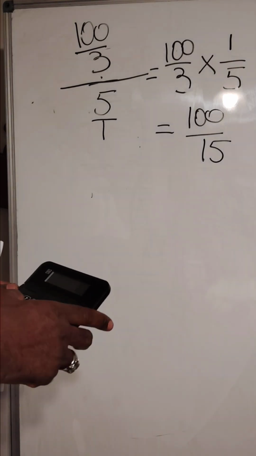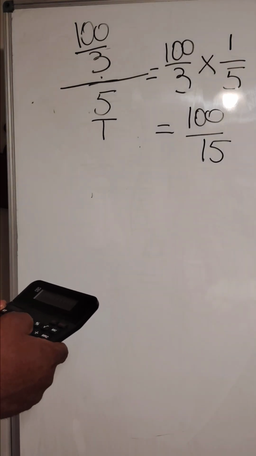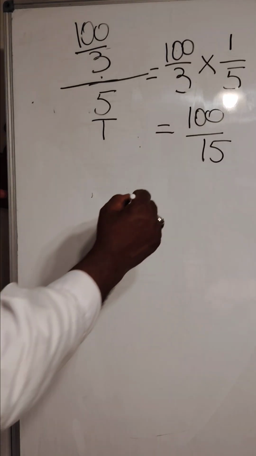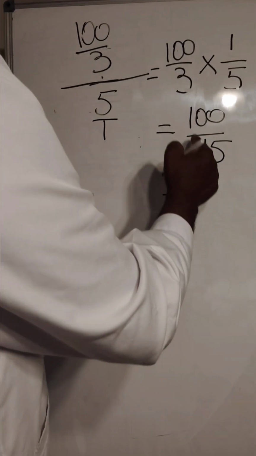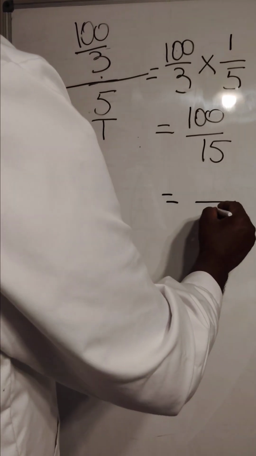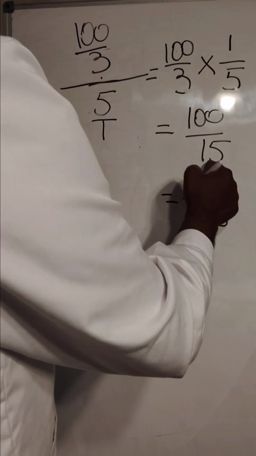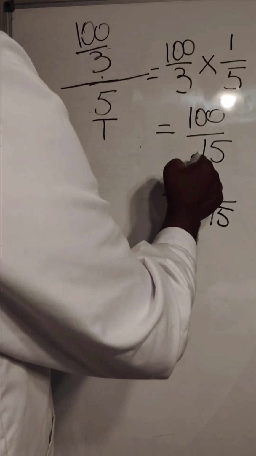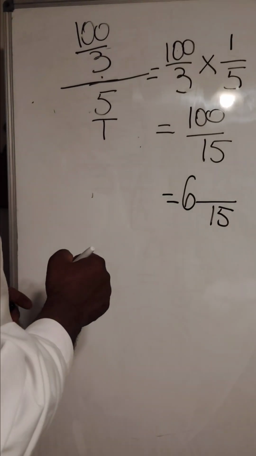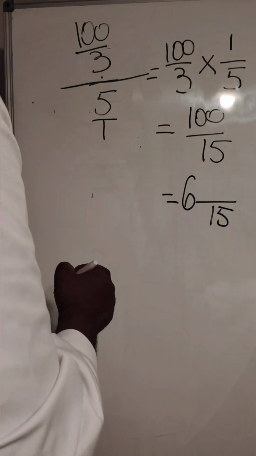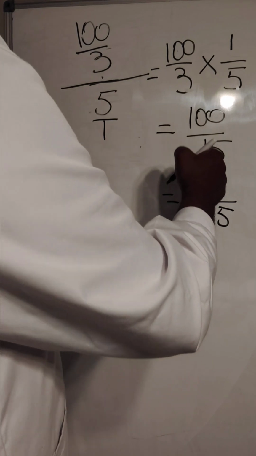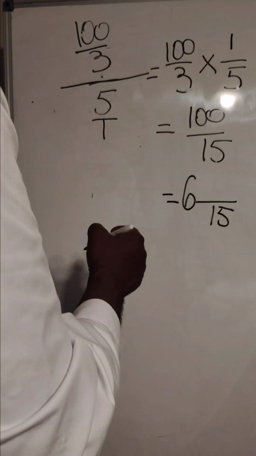So the question is, how many times is 15 going to go into 100? 15 is going to go 6 times. So I put 6 here, 6 times 15 will give you 90. All right. So what is the difference between 90 and 100?